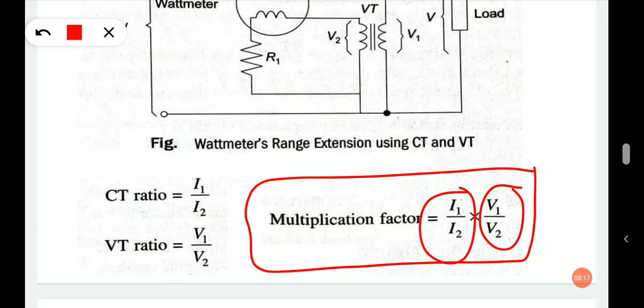The transformers are subjected to phase angle errors, hence these errors must be considered while measuring power to prevent inaccurate results. In addition, the values of transformer ratio must be known accurately for precise measurement.